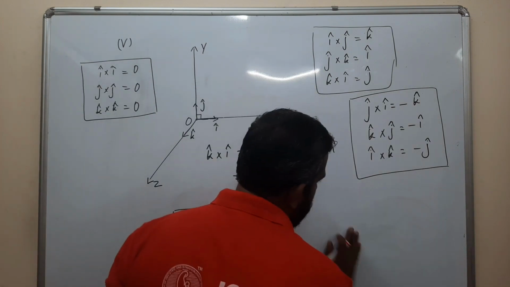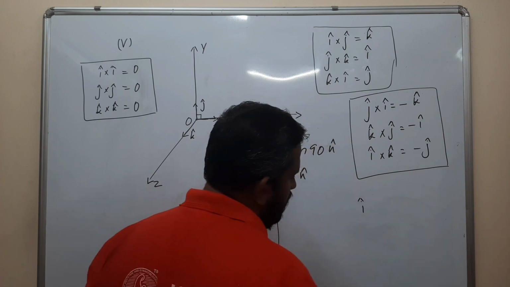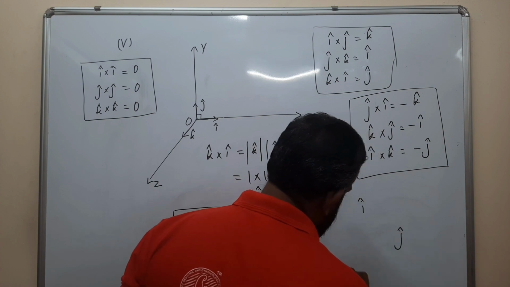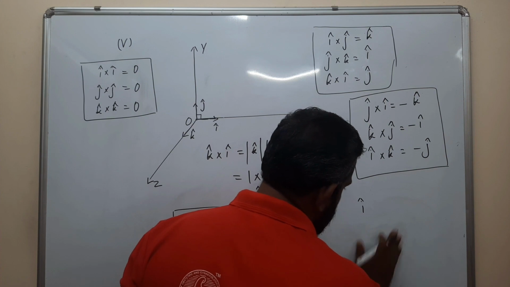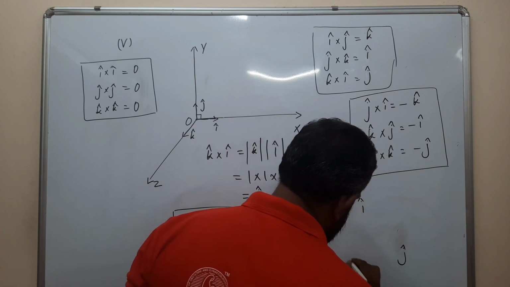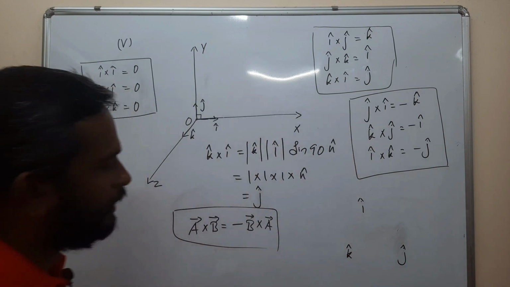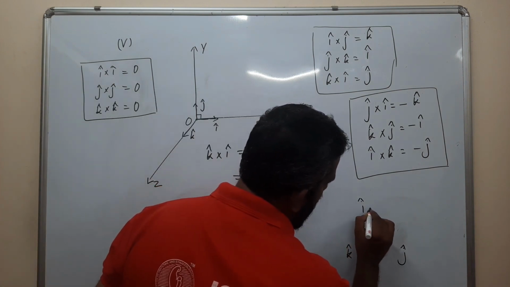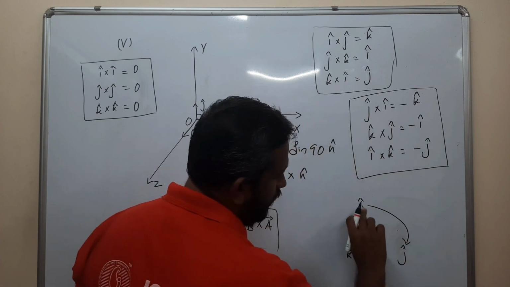Similarly, for easy understanding, write I cap, j cap and k cap in a cycle.